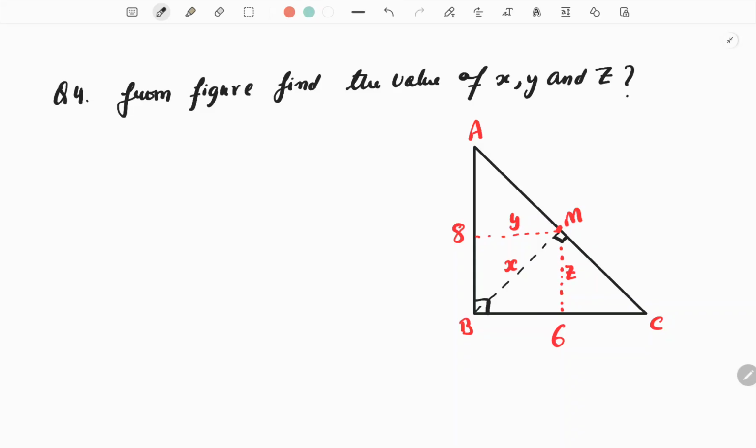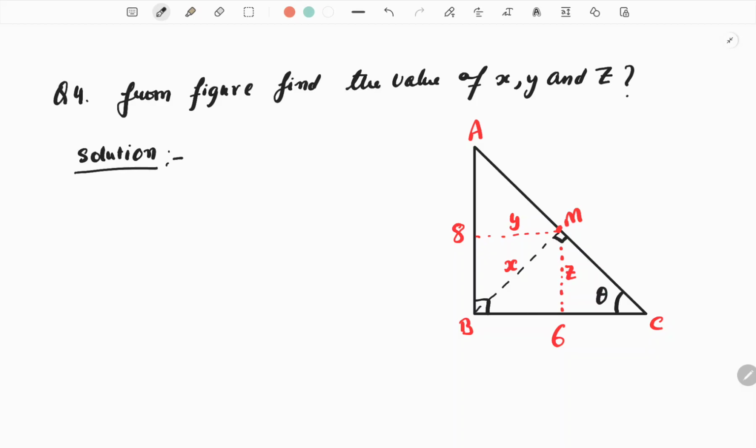So question number 4. The question says, from the figure, find the value of X, Y, and Z. So solution. So here, when we look at this figure, suppose we consider this one to be the measuring angle.